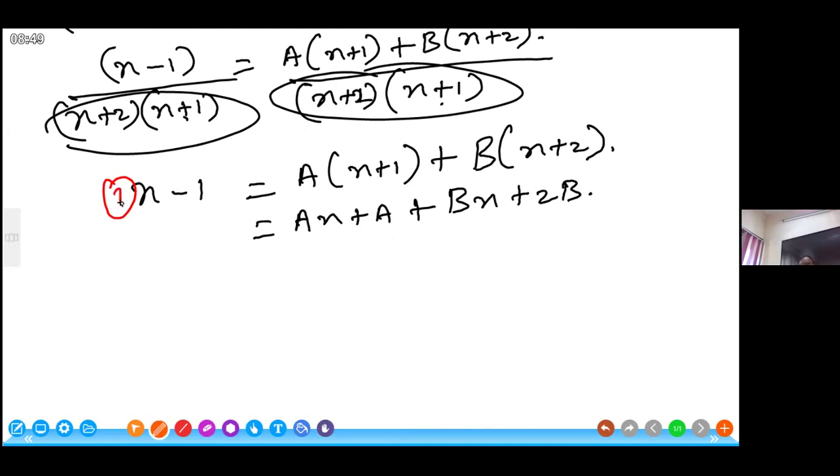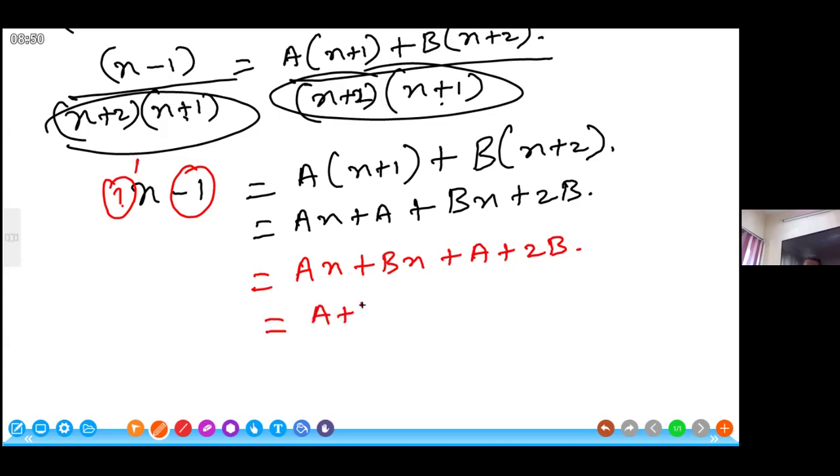Now we can rearrange what is on the right side. What is the coefficient of x on the left side? The coefficient of x is 1, and this is a constant. So I'm going to write it as ax plus bx plus a plus 2b. Further I can write it as a plus b into x plus a plus 2b.